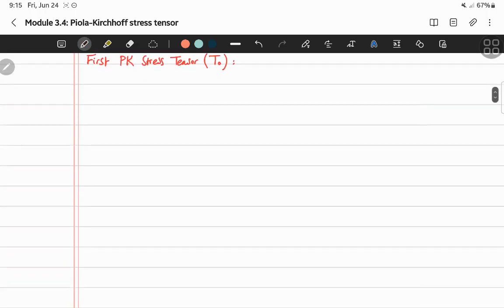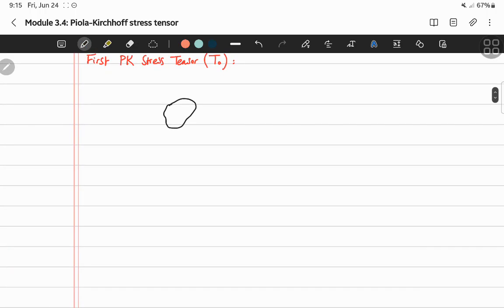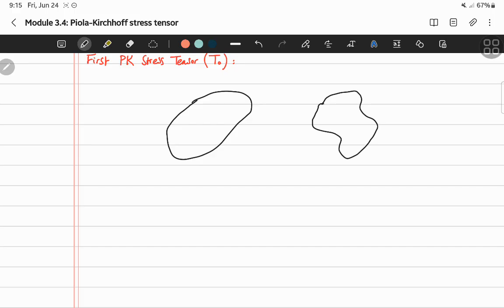So suppose you have a reference configuration like this. Let me just draw it a bit bigger. And this became like this in the deform configuration. So you have the reference configuration, and here you have your deform or your current configuration.